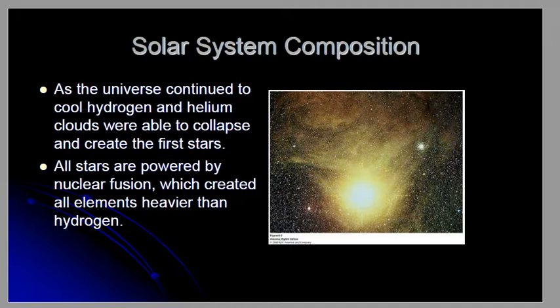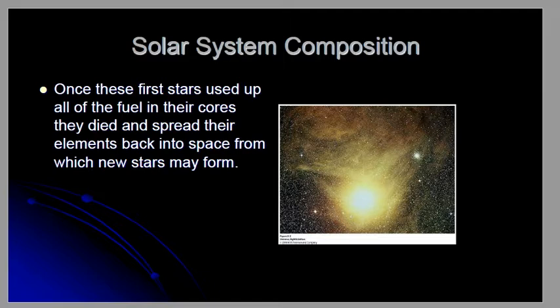As the universe cooled, gas clouds were able to collapse and create stars. And because of nuclear fusion in those stars, the heavier elements began to be created. And then those stars would explode. And when those stars exploded, those heavier elements would be spread throughout their local area, or their galaxy.